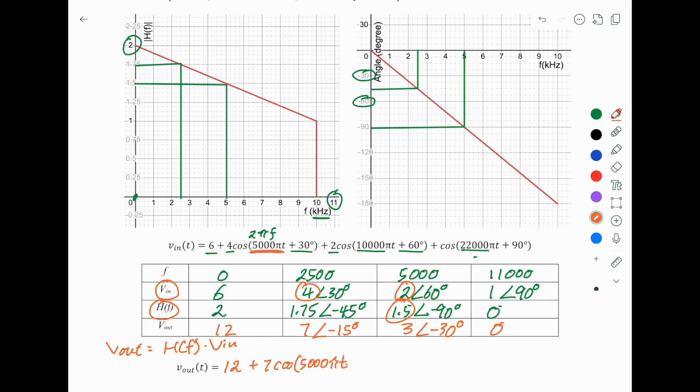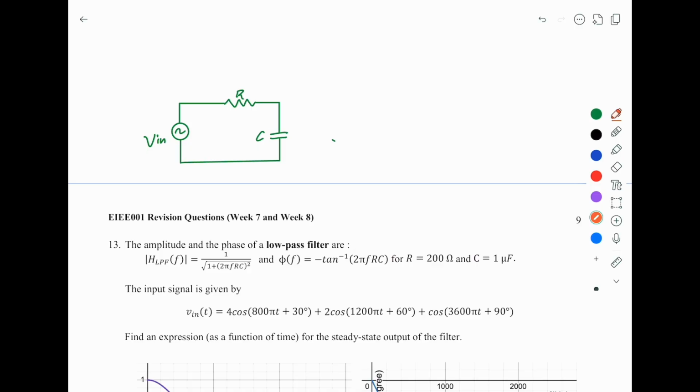The transfer function won't change the frequency, but the phase becomes minus 15 degree. Plus, this is 3 cosine 10,000 pi t. And the phase now is changed from positive 60 degree to minus 30 degree. That's it.